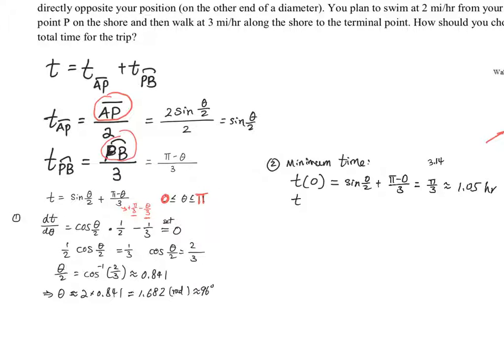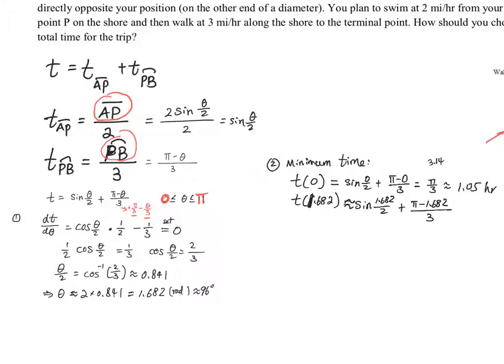And then you want to check t of 1.682. This is actually the critical point. So this will be sine of 1.682 divided by 2, plus (pi minus 1.682) divided by 3.